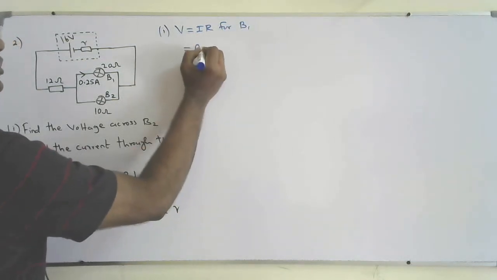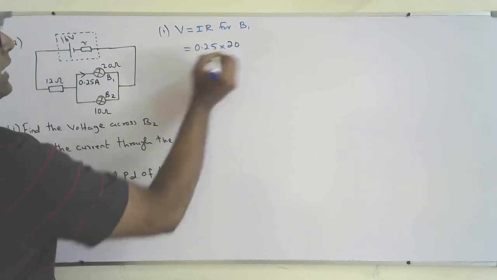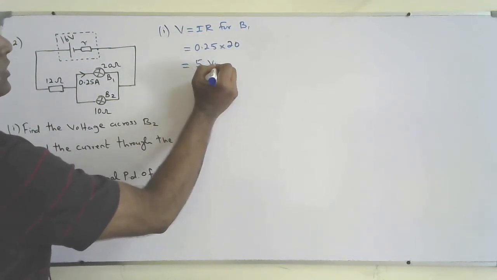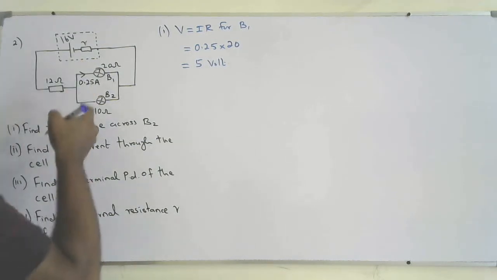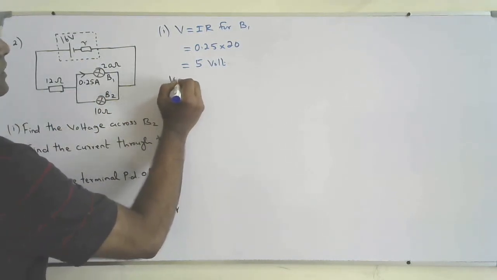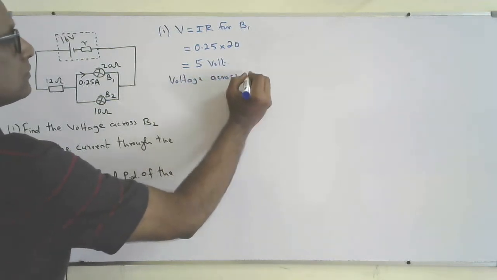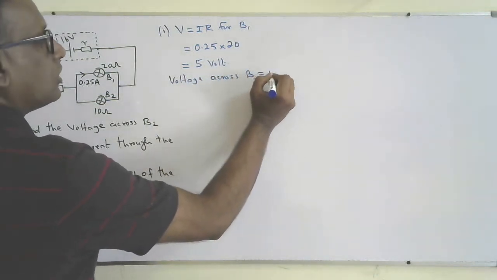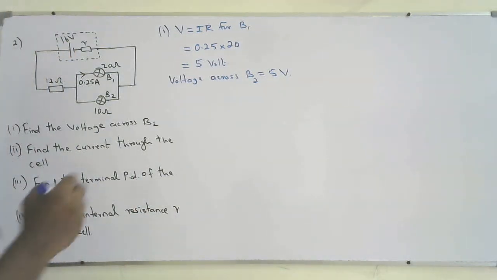The current is 0.25 amperes into resistance 20. So it's going to be 5 volt. So voltage across B2 is also 5 volt because they are parallel.